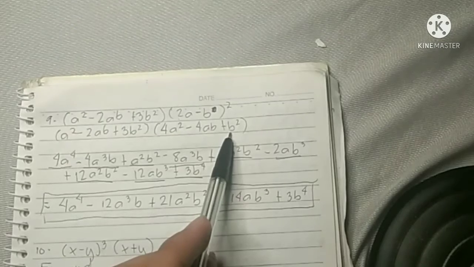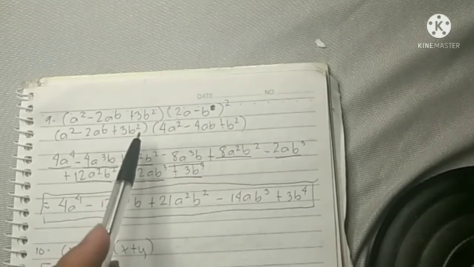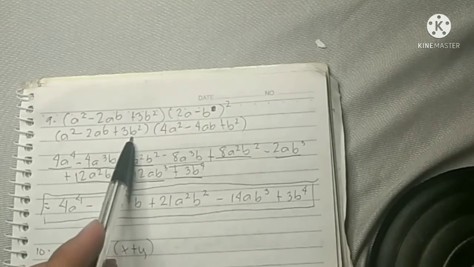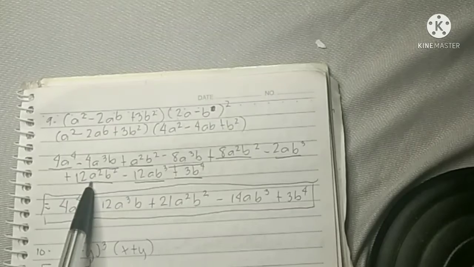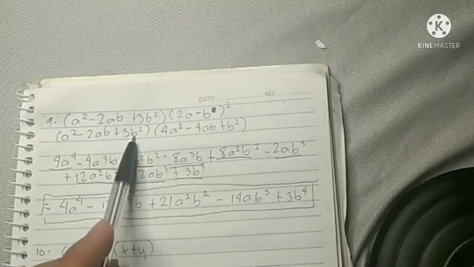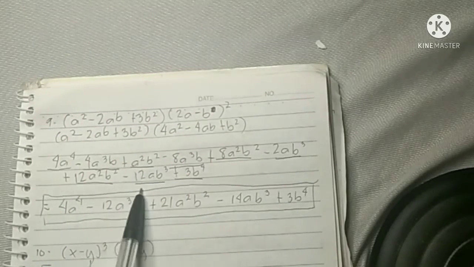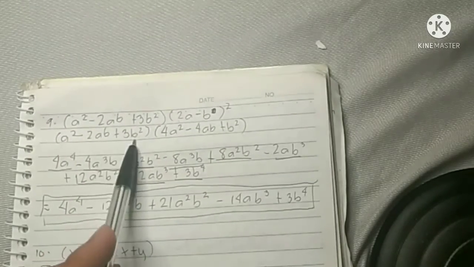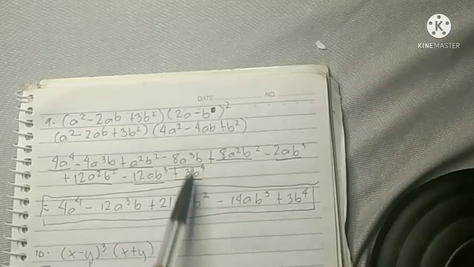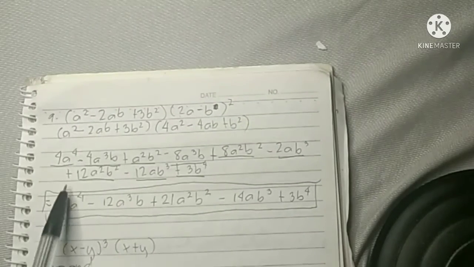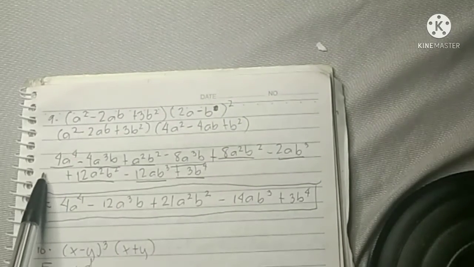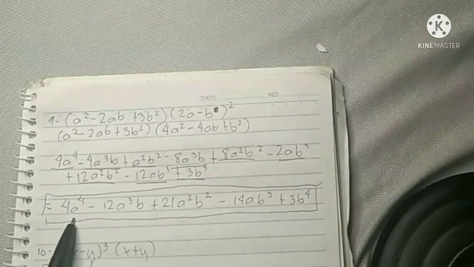Then we multiply the 3b squared to 4a squared and we will get 12a squared b squared. Then multiply 3b squared to negative 4ab and we will get negative 12ab cubed. Then 3b squared times positive b squared, and we will get positive 3b raised to 4. And now we can combine like terms to get our final answer.